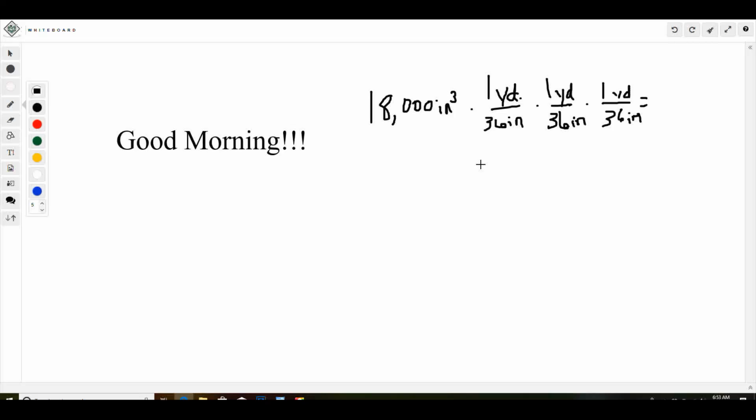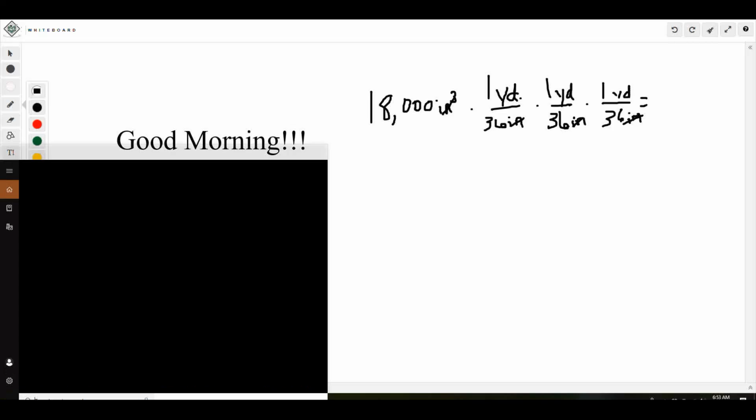All right, so now what we do is we're going to cross out everything that's the same. Cross out all the inches because those are all the same. All right, so what we're going to do is you're going to take 18,000 times 1 times 1 times 1. Okay, now you can use a calculator on this, so let me pull mine up.